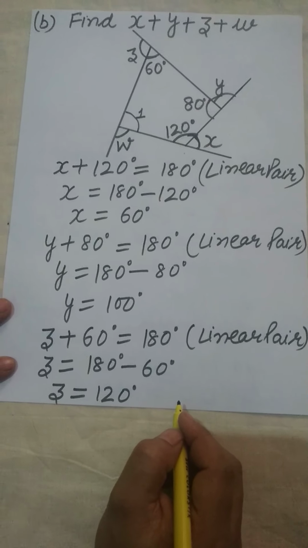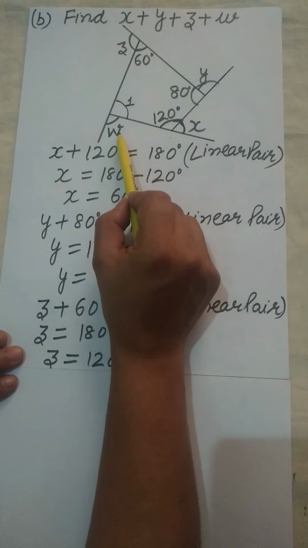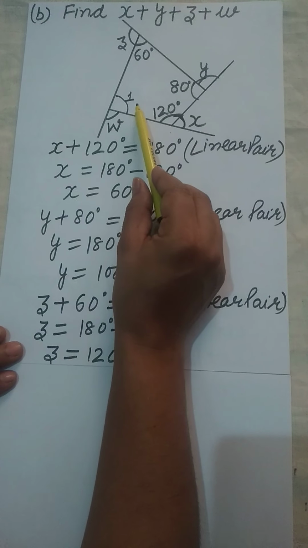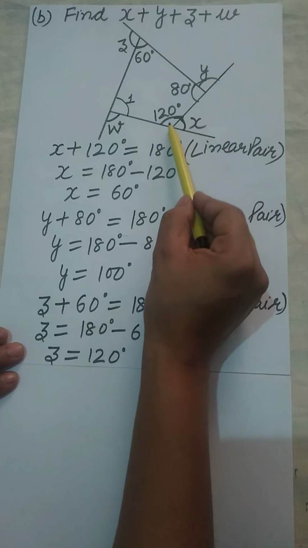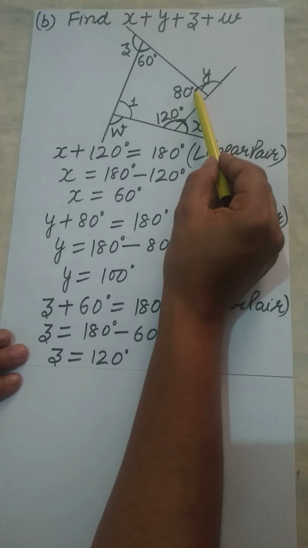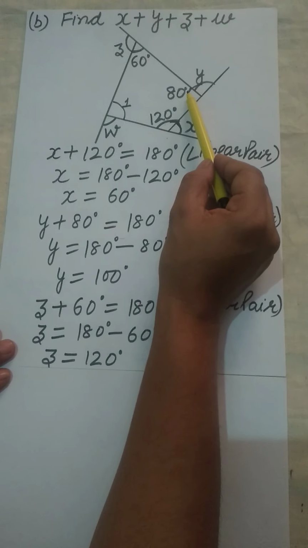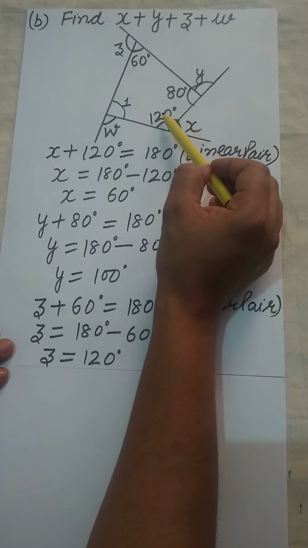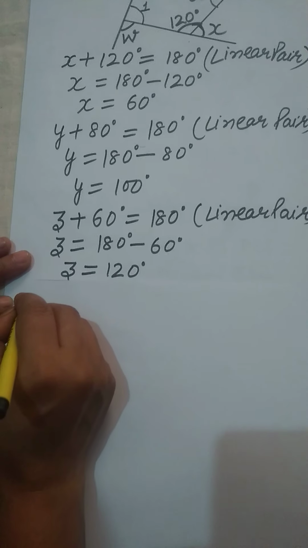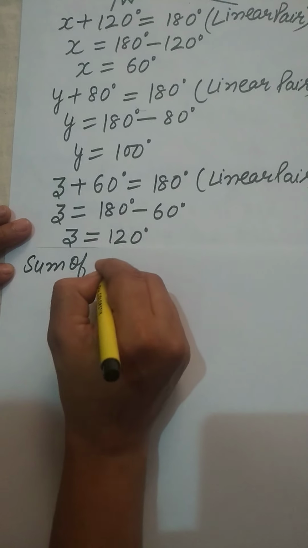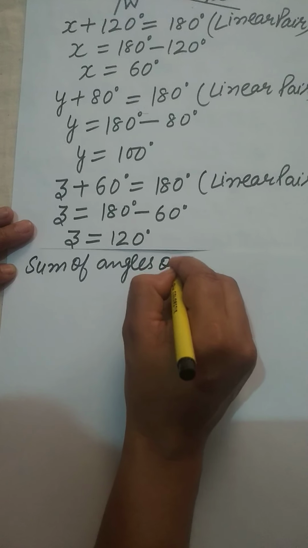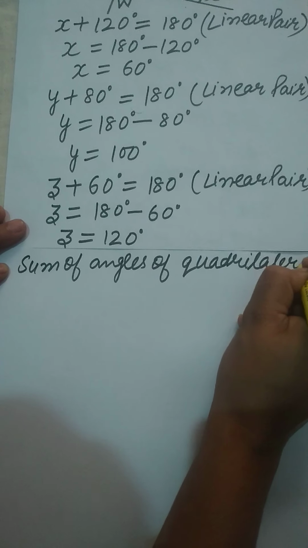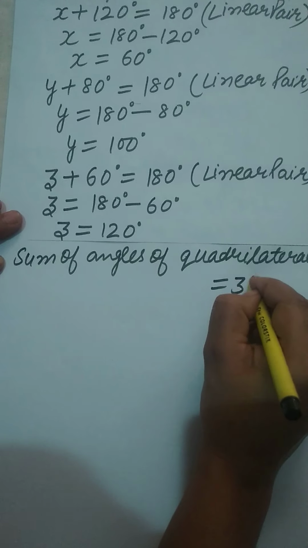Now for finding the value of w, firstly we will calculate the value of angle 1. That can be calculated by using the property of angle sum, that is the sum of angles of a quadrilateral is 360 degree. So sum of angles of quadrilateral is equal to 360 degree.